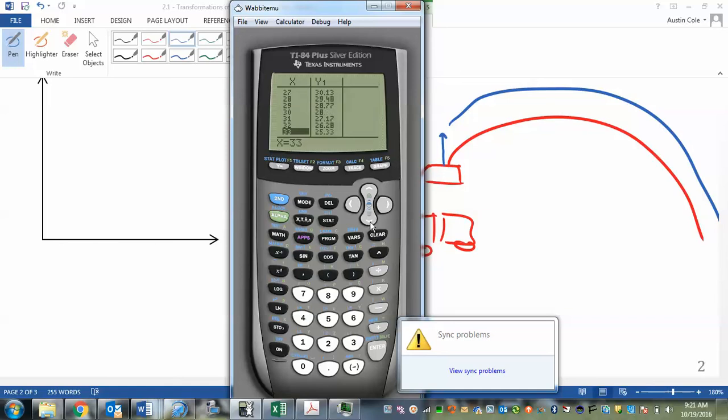Yep. Now, what am I looking for? I want the water to go 10 feet further. But how far is it going right now? We don't know that. So what am I looking for? Hey, how far is the water going? When the water hits the ground, what do I know about the x and the y coordinates?